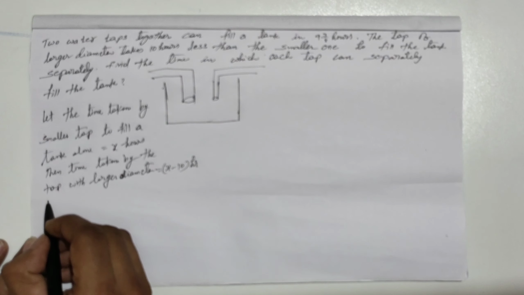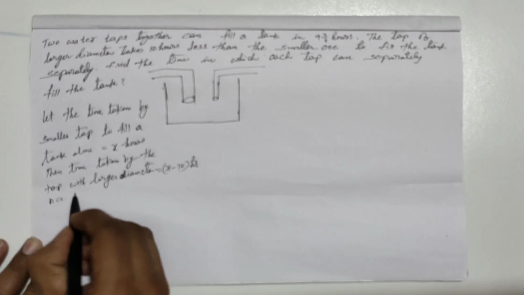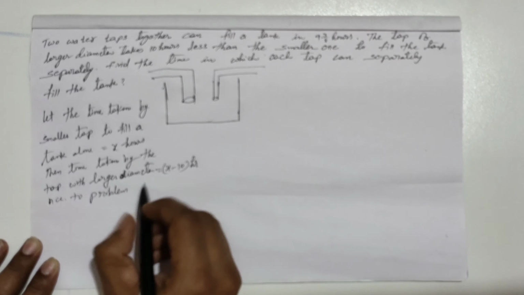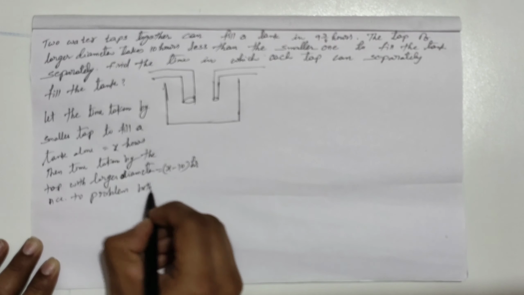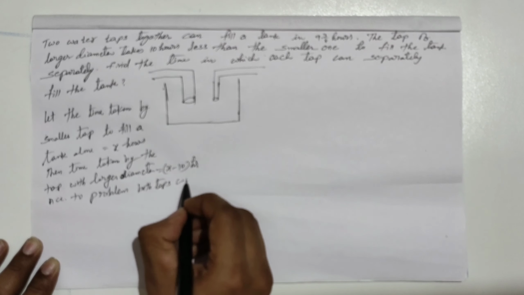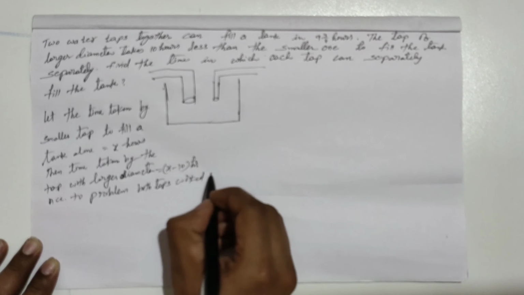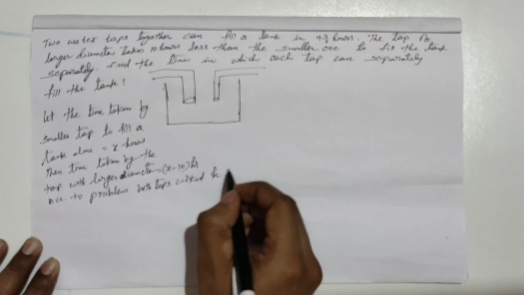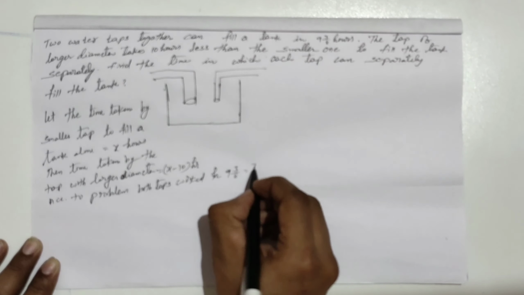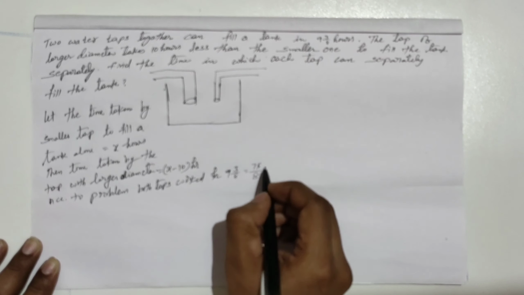Now according to the problem, both taps worked for 9 3/8 hours, that is 75 by 8 hours.